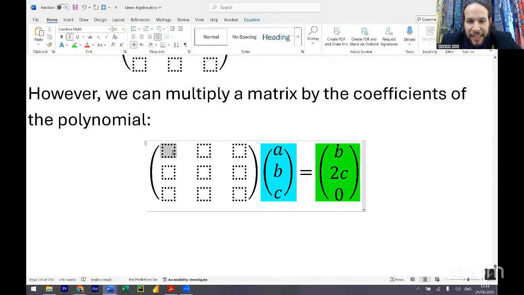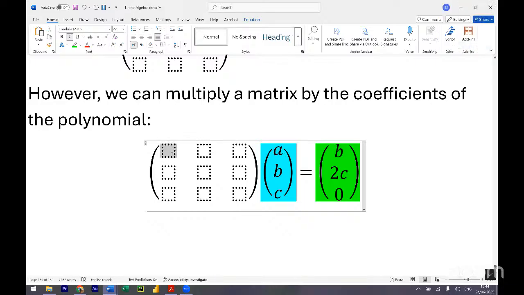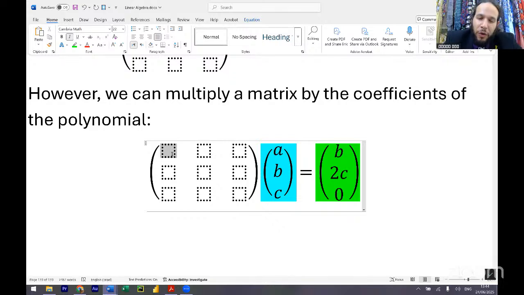What are the scalars here? The scalar here will be multiplied by a. Do we wish a to appear here? No, because it's 0. So the scalar will be 0, right? What would be this scalar here? 1.